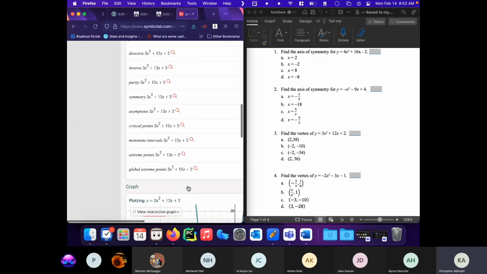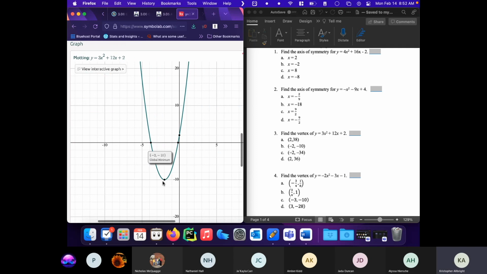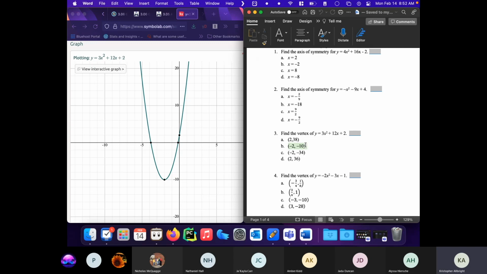Yep, that's right. We plug that in, we scroll all the way down, and we have our little interactive graph right here. So we're looking for the vertex. This is the vertex. It's wherever the global minimum or maximum is. So -2, -10, which, to find the vertex of that, is B again.